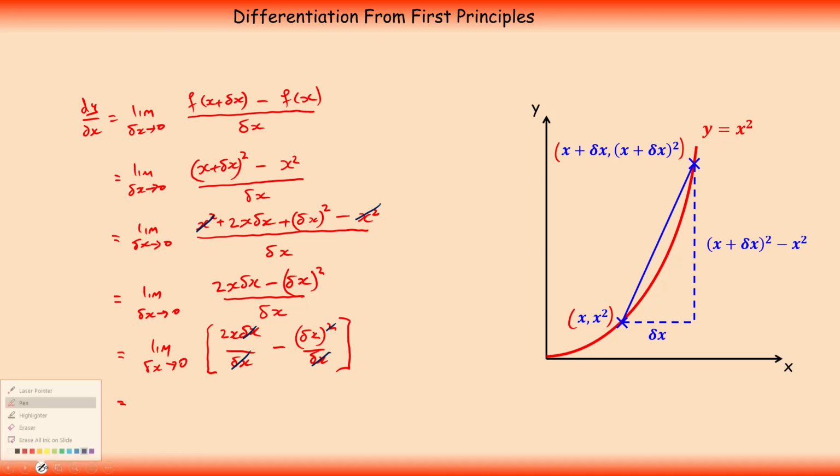So we're left with the limit as delta x tends to 0 of 2x. There should be a plus there, sorry, plus delta x.